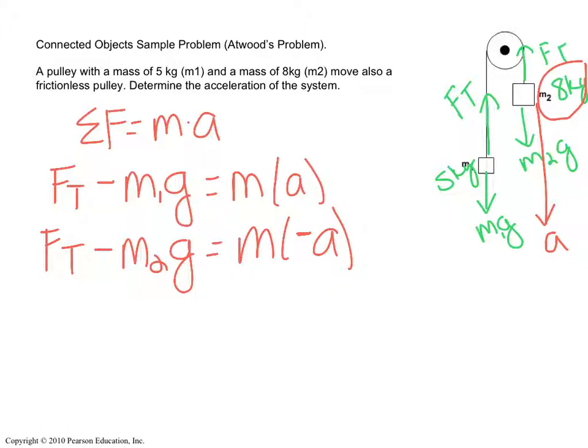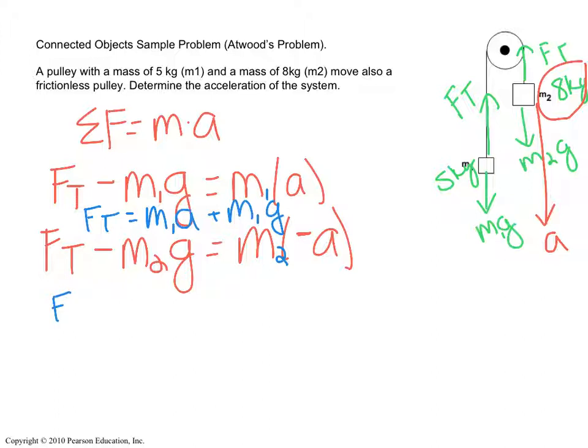Now we know that Ft has to equal Ft. And we're solving for acceleration, so let's start to plug some things in. I'm going to rewrite these equations so that they solve for Ft. Now it's also really important, you'll notice that I added in my m1s and my m2s.